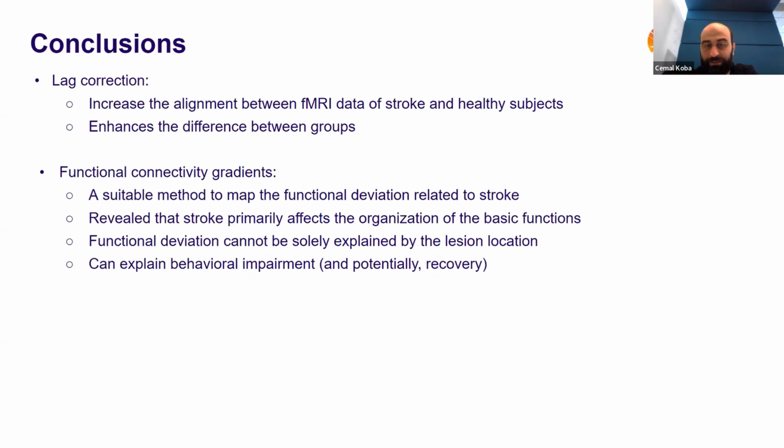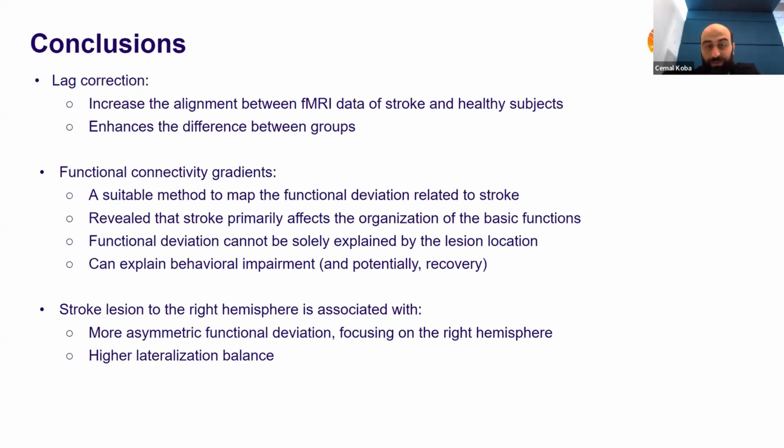And functional deviation cannot be only explained by the lesion location, because subjects with lesions around a similar region have different kinds of reorganization profiles. And this functional deviation can explain the behavioral impairment, and there's a potential to explain or predict the recovery as well.